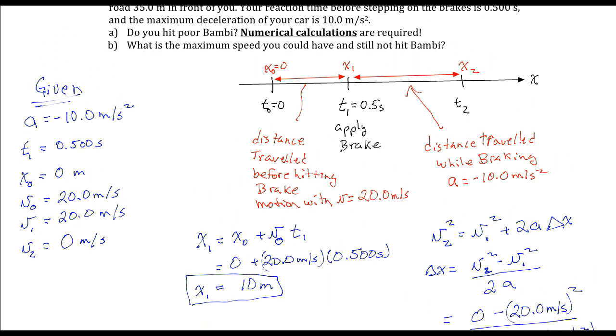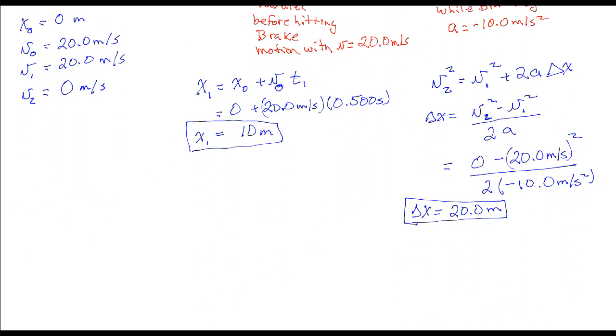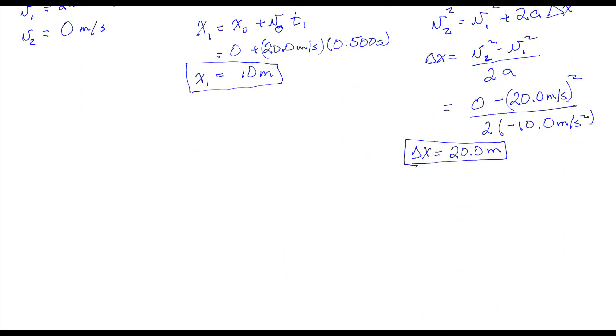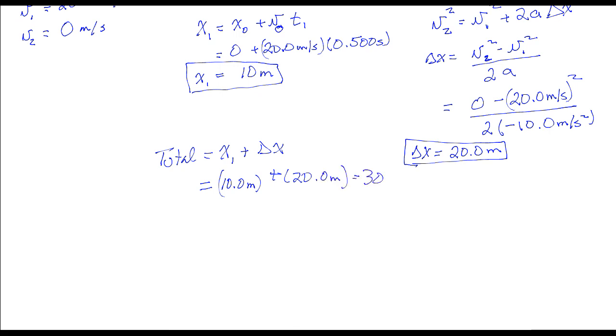So our total distance is the sum of x1 and our displacement in the other time interval. So total distance is just x1 plus our delta x, which is equal to 10 meters plus 20 meters, which is 30 meters.